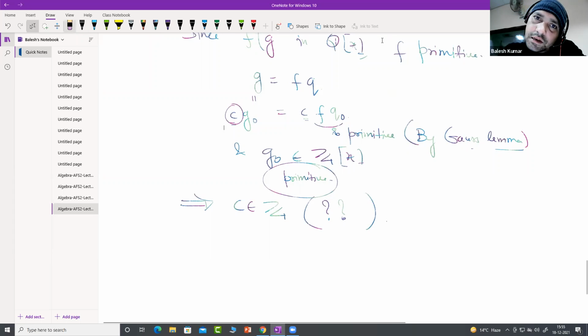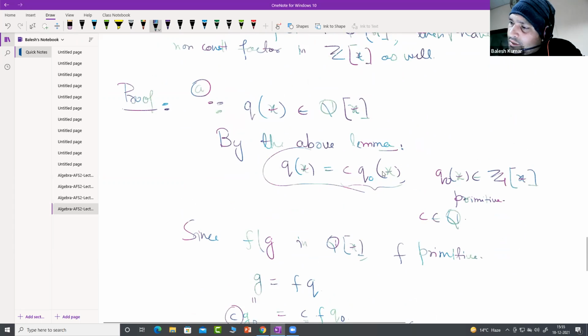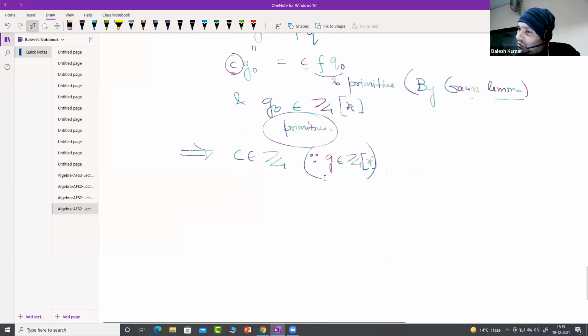Since z belongs to Z[x], we have shown that c is an integer, and therefore q(x) is an integer polynomial, and so we are done. So this is the first part.